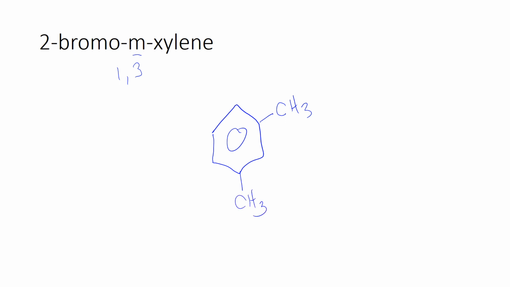It means it's in the 1,3 position. This takes care of that entire part of the name. We have a bromine coming off of the 2nd carbon. So I'm going to find my 2nd carbon and put a bromine there. And that is 2-bromo-metaxylene.